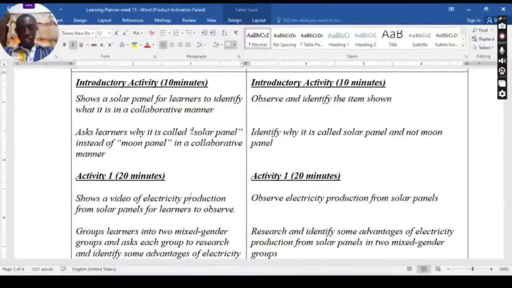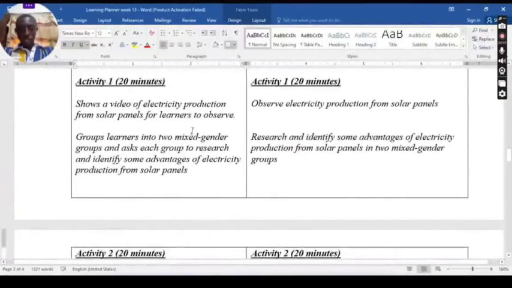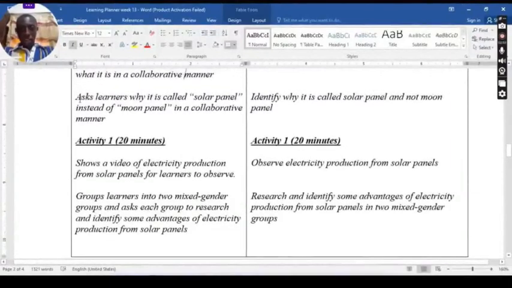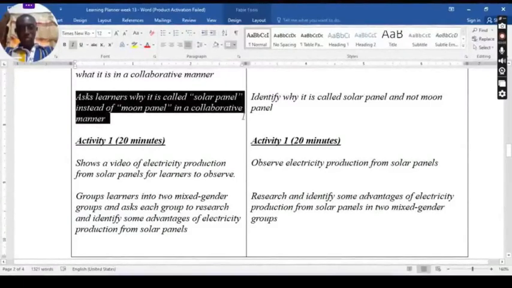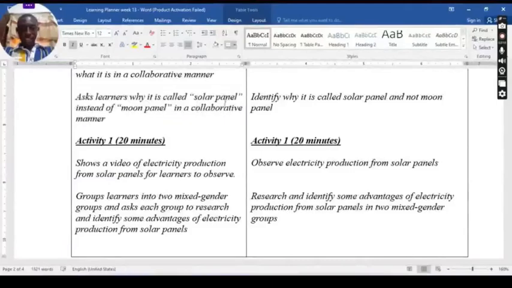Then the next activity, under the same introductory activity: ask learners why it is called solar panel instead of moon panel in a collaborative manner. So we use collaborate again; they think among themselves, why is it called solar panel and not moon panel?